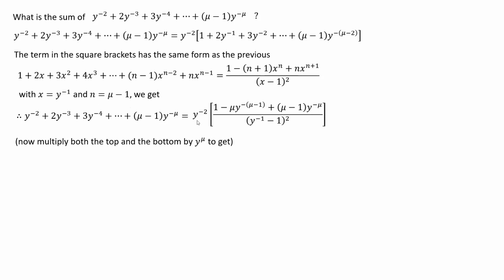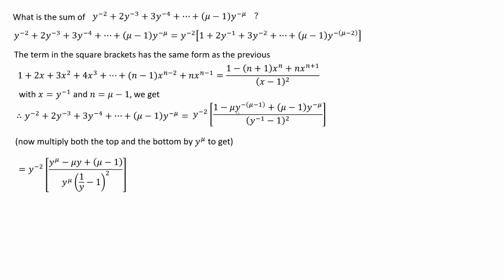Now, let's simplify this once again a little more. For instance, both the top and the bottom will multiply by y to the mu. If we do, we get y to the mu times 1 is y to the mu, and this becomes minus mu times y to the negative mu, y to the mu times y to the negative of mu minus 1.